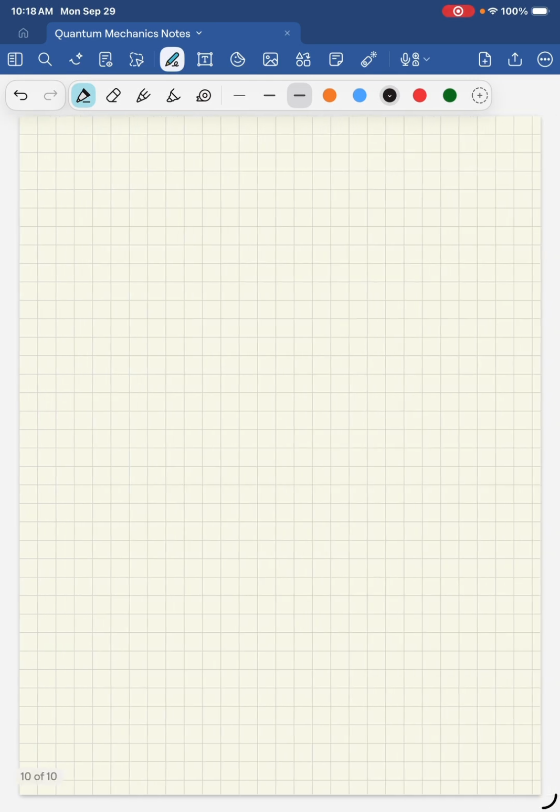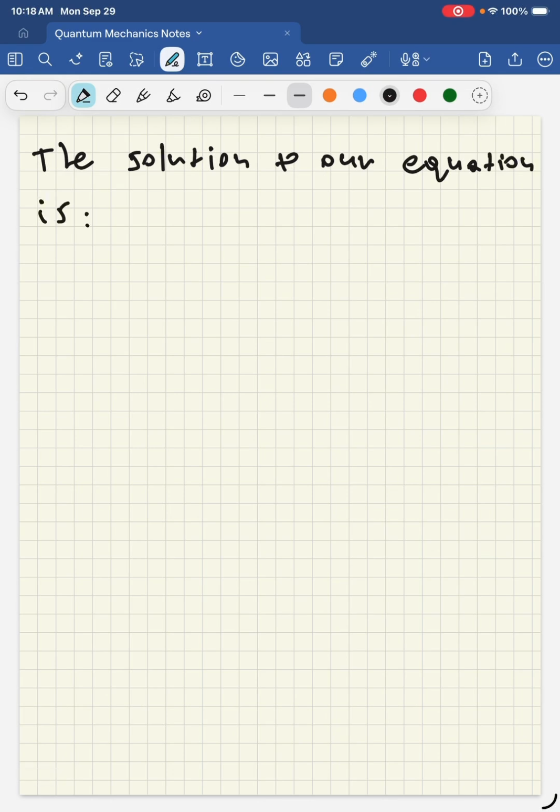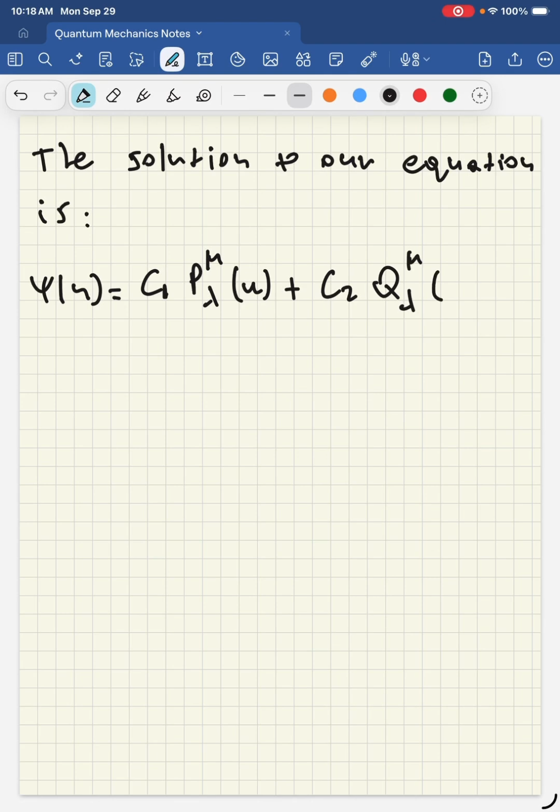So the solution to our equation is psi of u equal to some constant c1 times the associated Legendre polynomials of the first kind plus some other constant c2 times the associated Legendre polynomials of the second kind, okay?